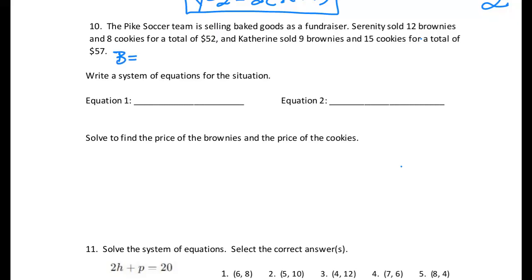And is it the cost of the brownies or the number of brownies we're looking for? Actually, it says solve to find the price. So B is equal to the price or cost of brownies. And what are we going to use for the cookies? C, right? C is the price of cookies.